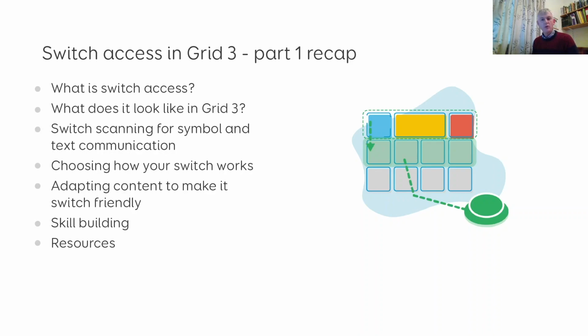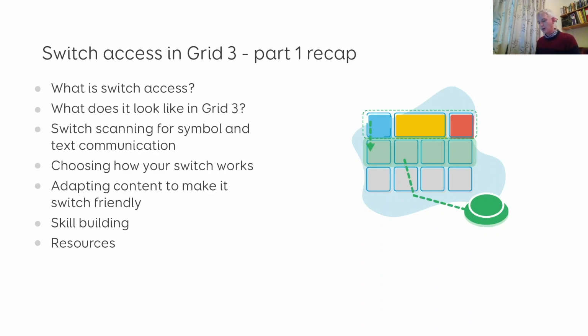And then also thinking about someone who's just starting out on the road, or perhaps using switch as a method of access to a computer or to communication, and looking at building skills there, whether it's for a young child or for an adult who's new to switch access. And finally, we looked at some resources that would help you along the way. So that's what we've got to so far in our previous webinar, which you'll find via our website.